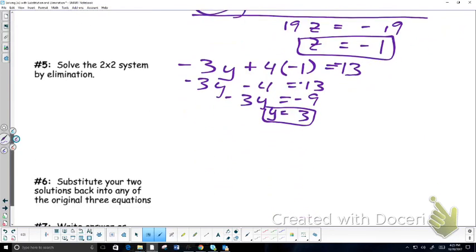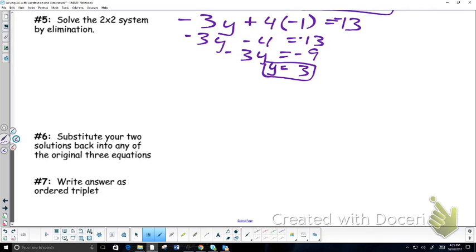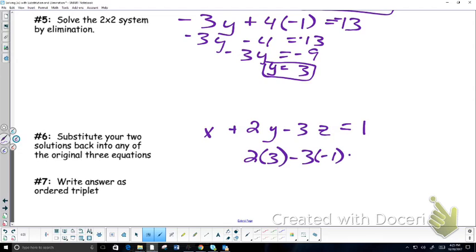So then you go back up to your original ABC equations. You substitute your two solutions back into there. So if I were to substitute, I think A would be the easiest. So I would use A, x plus 2y minus 3z equals 11. I know y is 3, I know z is negative 1, and I don't know x.